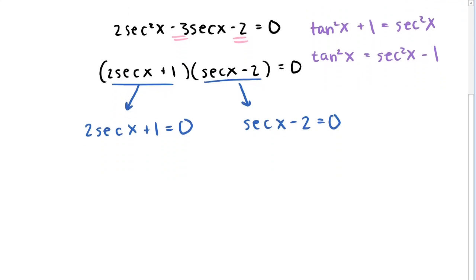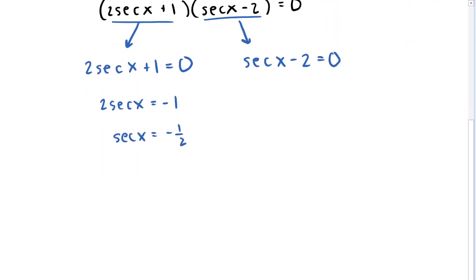So here, let's start with the left example. On the left, when we get that trigonometric function alone, we've got 2 times secant of x is equal to negative 1. We've got secant of x is equal to negative 1/2. And then we can rewrite this as 1 over cosine of x is equal to negative 1/2.